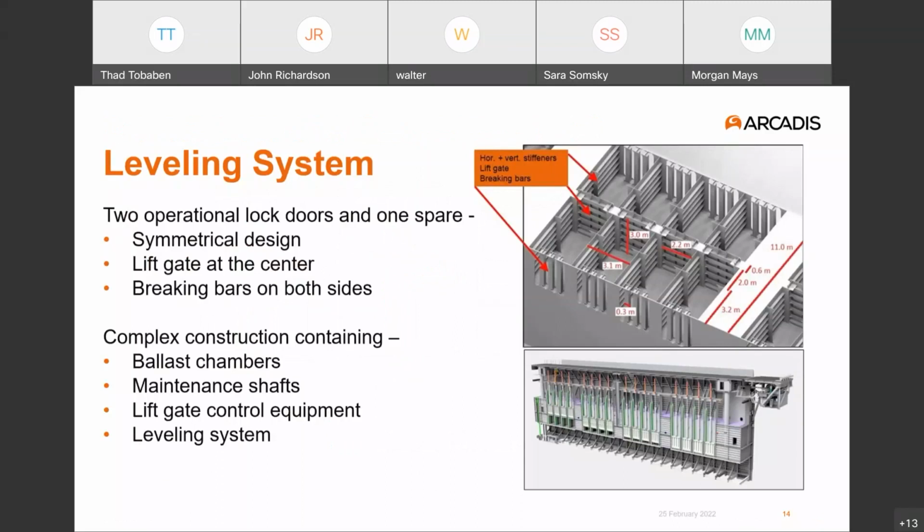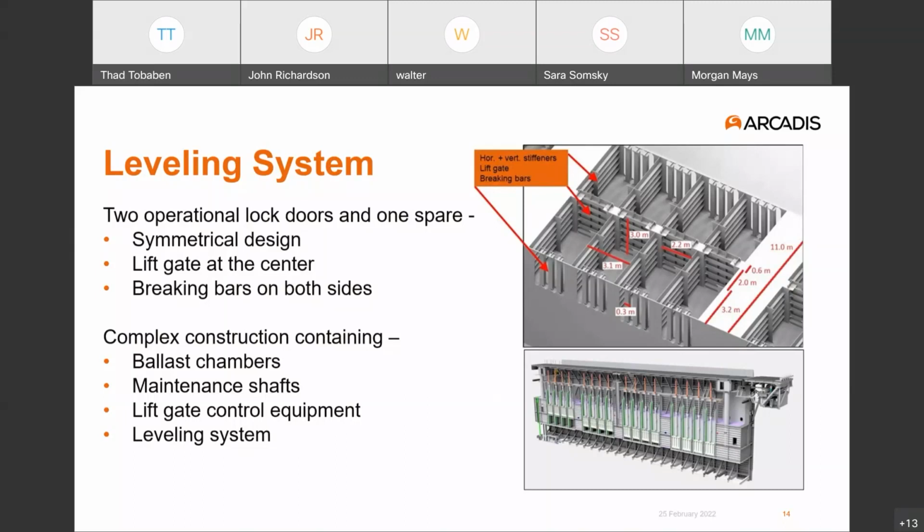What we see in the image on the right at the top is a cutaway through the lock door, and what you see are 1, 2, 3, 4 complete tubes or bays through which the flow moves. So starting on the surface that's closest to us, you'll see 3 vertical bars that are located in the openings, and those are referred to as braking bars, and they have 2 purposes.